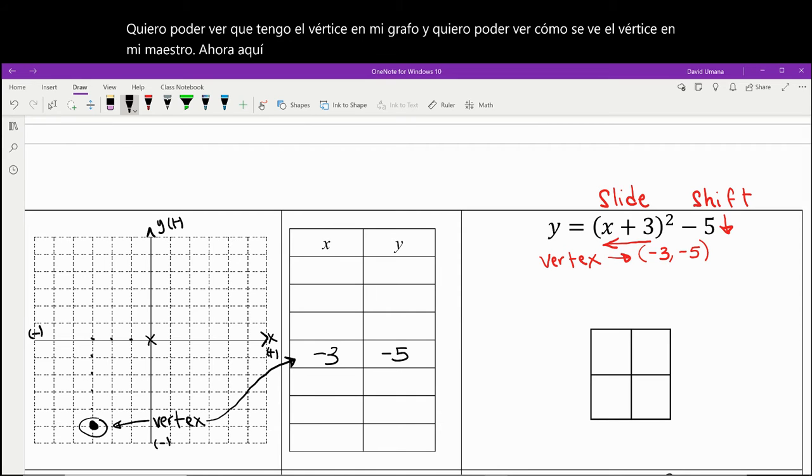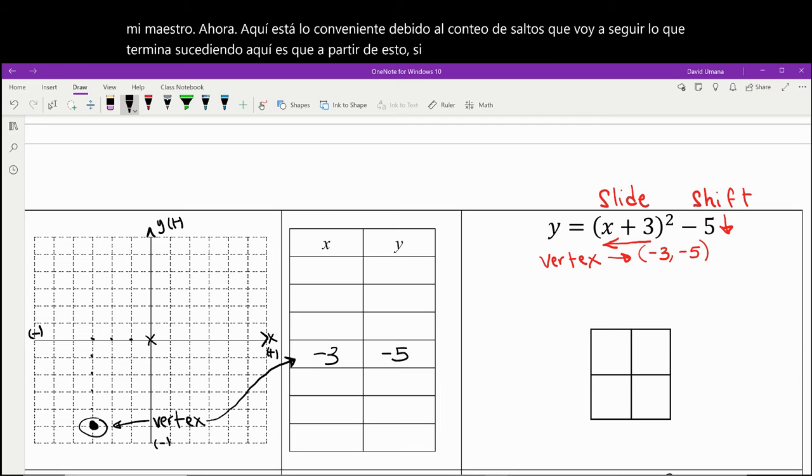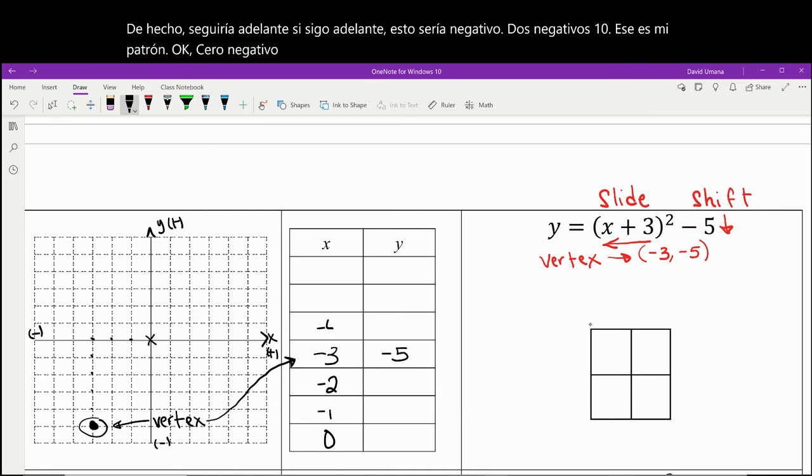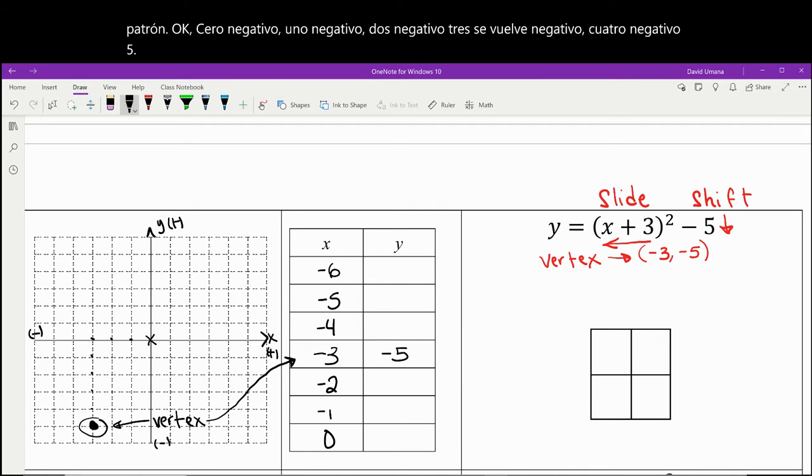Because of the skip counting that I'm going to follow, if I go forwards, this would be -2, -1, 0. That's my pattern. Okay. 0, -1, -2, -3 becomes -4, -5, -6.